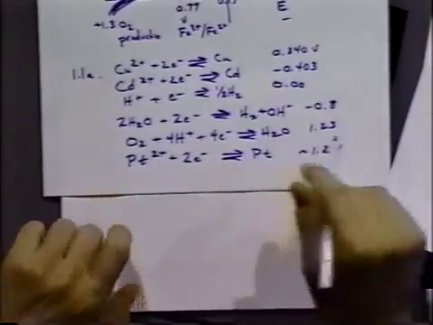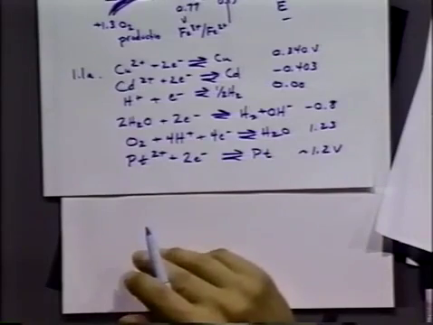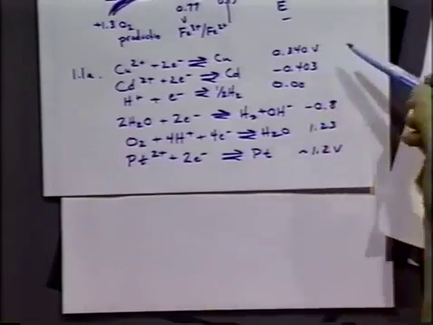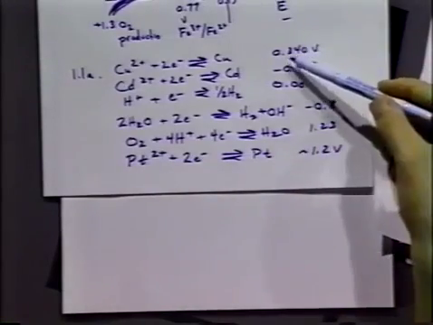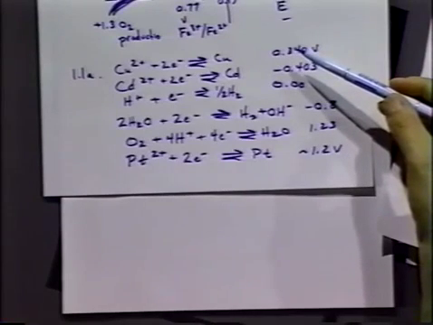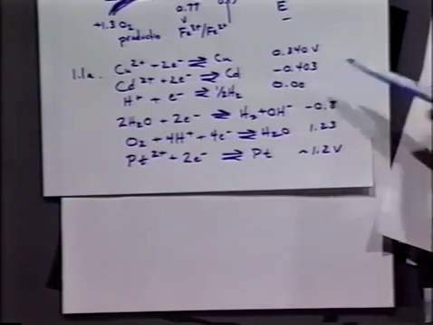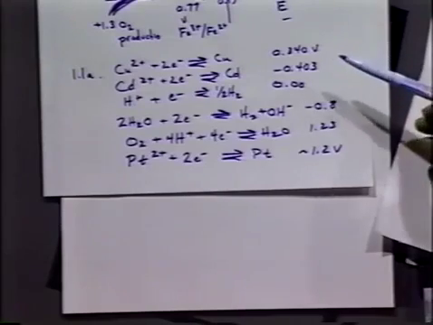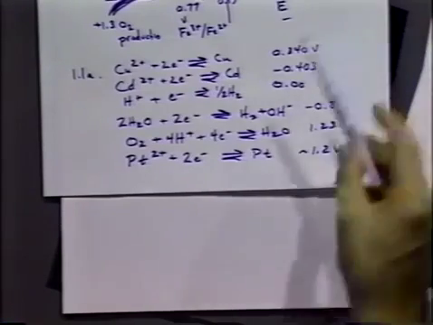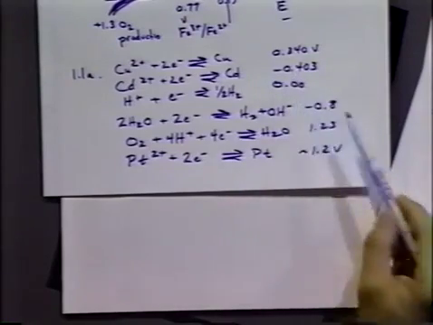So the question is, where would we be? We have to be at a place where there's 0 current. We can't be any more negative than 0.34 volts, because at that point we would be reducing copper ion to copper metal. And that takes into account cadmium and hydrogen, because both of those are already more negative than that. So as long as we're more positive than 0.34 volts, we're okay.